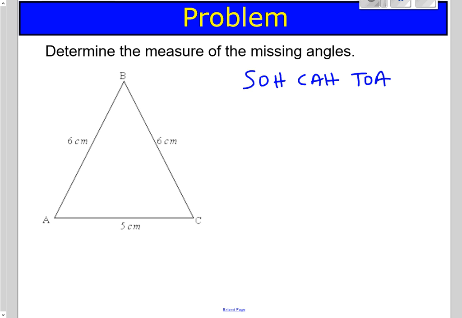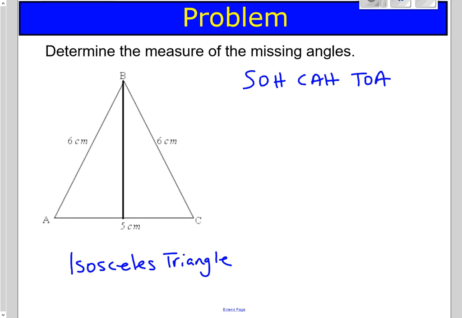But I do see that this is an isosceles triangle. You may notice we have two sides that are the same, which means that I can take this triangle and I can actually cut it in half. I think that's about right.